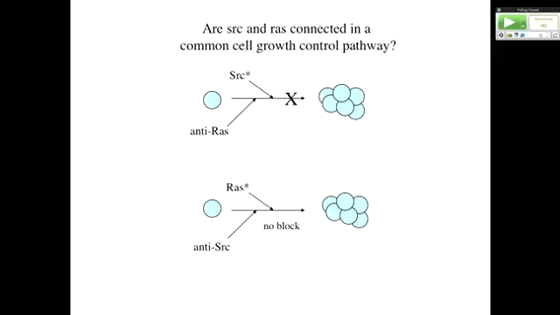Or we use an activated form of RAS and block SRC and ask whether mitogenesis through RAS is blocked when SRC is inactivated. And the results are that SRC's ability to induce mitogenesis was blocked when you blocked RAS, but RAS's ability to induce mitogenesis was unaffected by blocking SRC. So what does that mean about the relationship between these two components? Yeah.